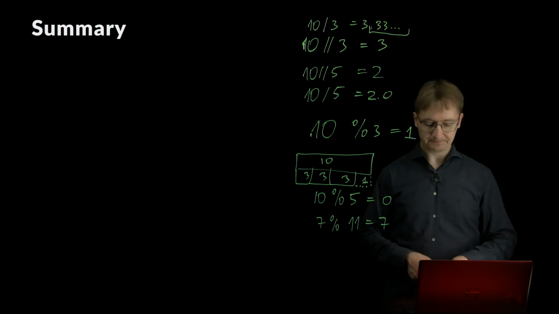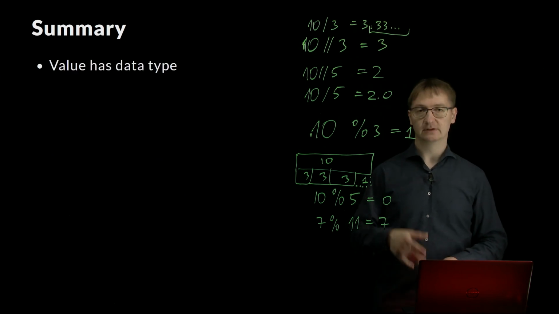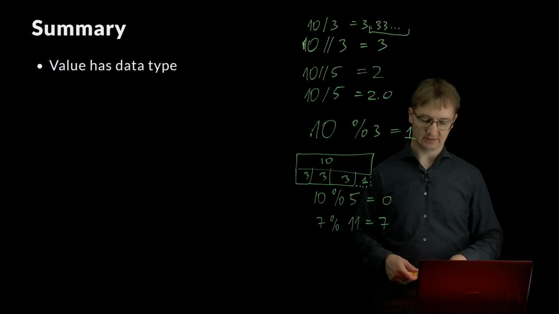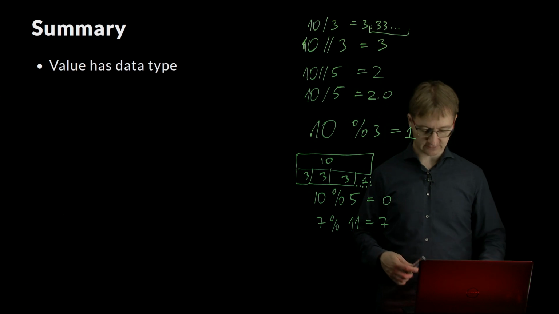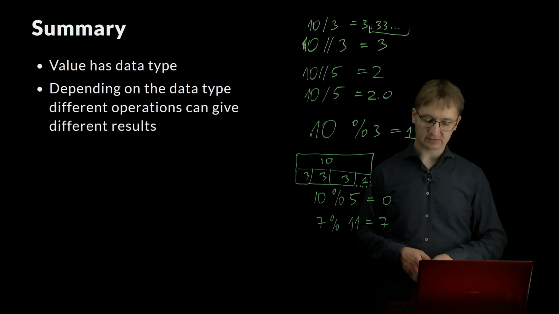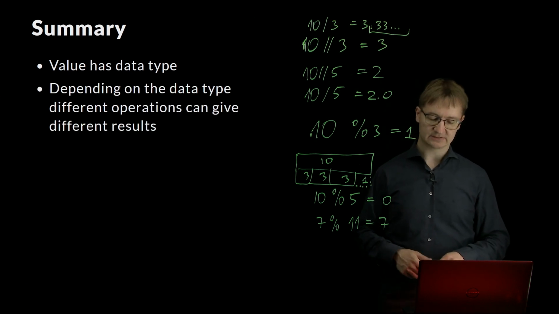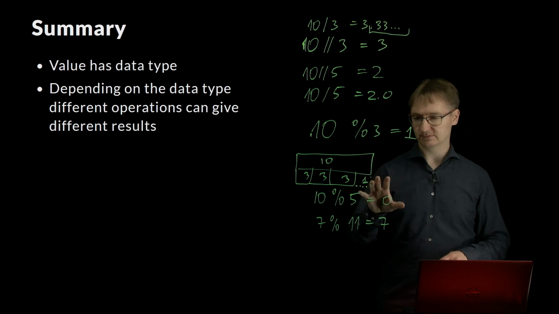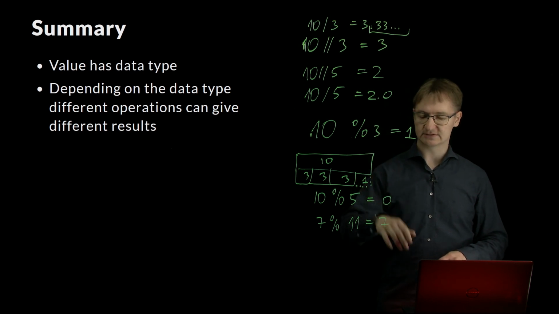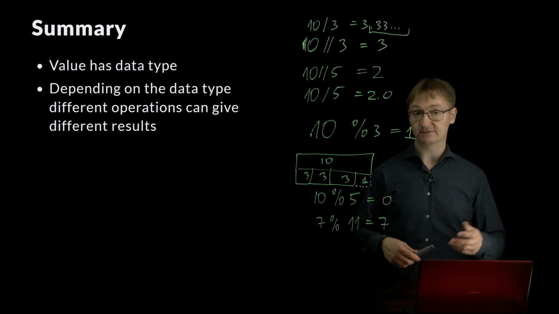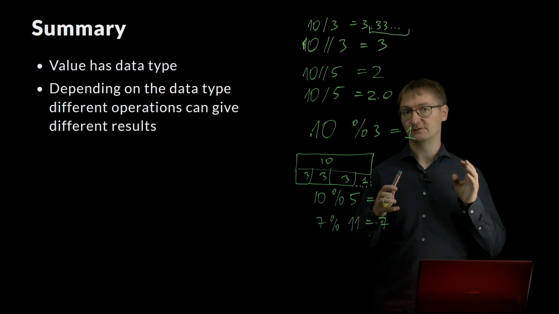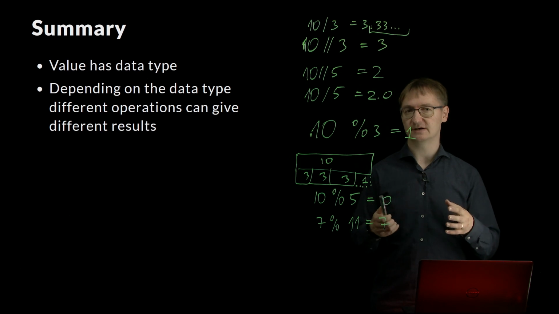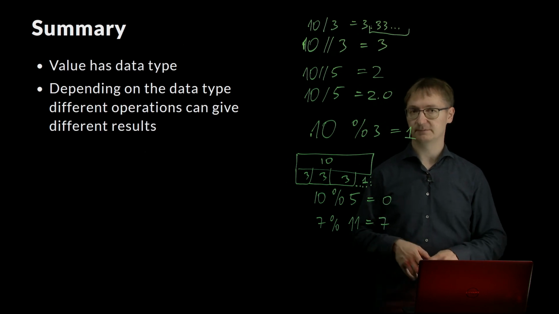So to sum up, in Python, the value has a data type, the variable does not. Depending on the data type, the operations showed in those slides can give different results. For example, for numbers, if we add 2 numbers, they are added up mathematically.